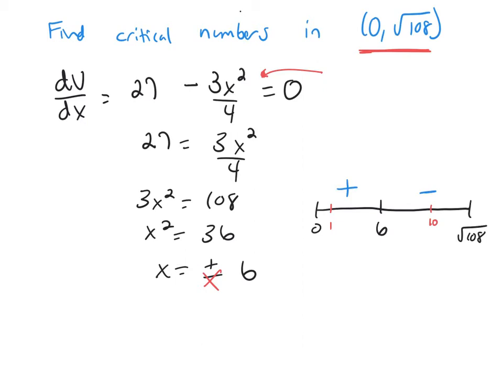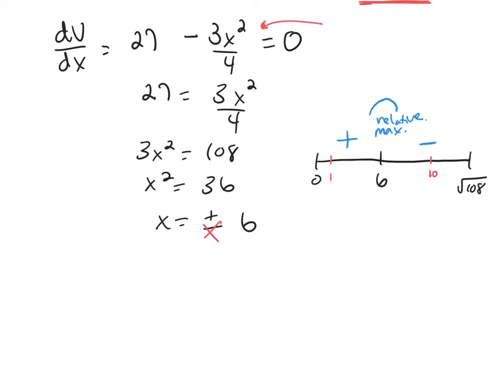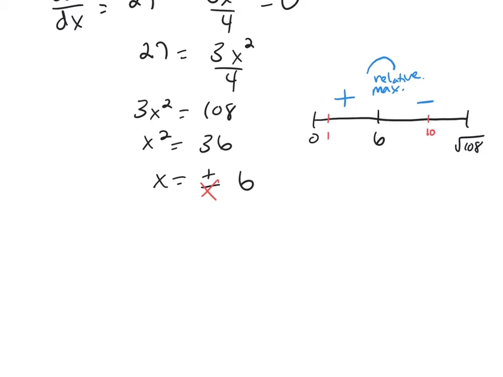And so think about it, your function is increasing and then decreasing. This is a relative maximum. So x equals 6 corresponds to a maximum. What does that mean the dimensions of my box are? Well, you got to go back to your h equation.